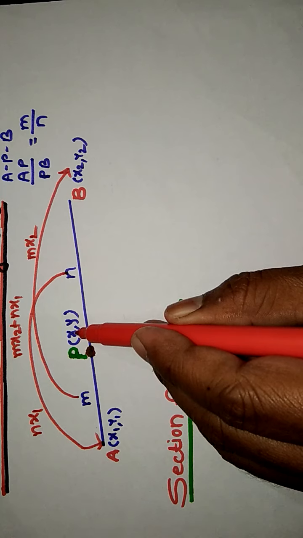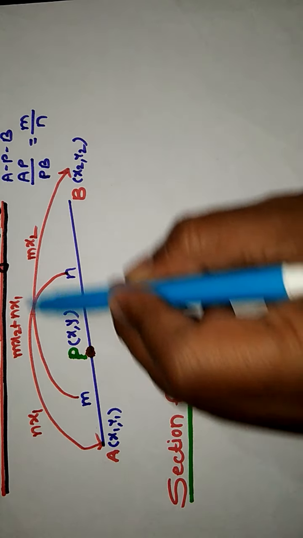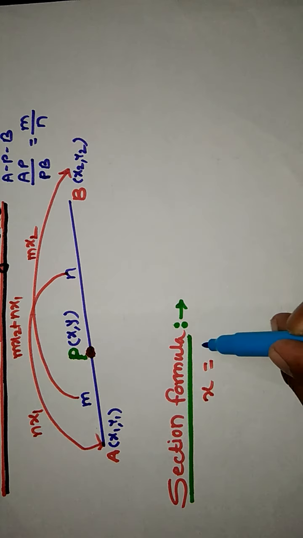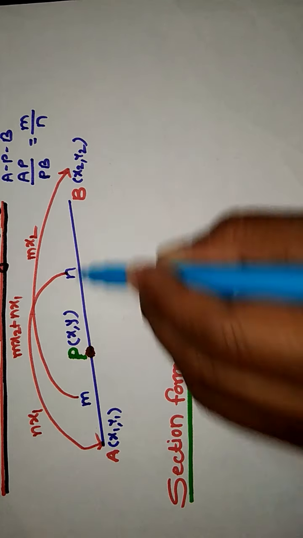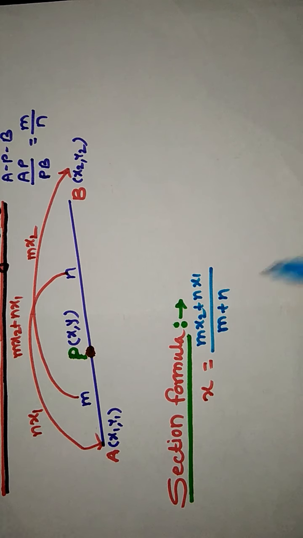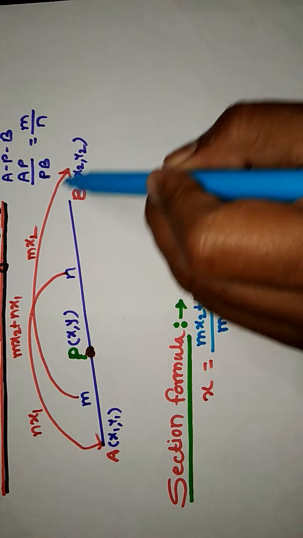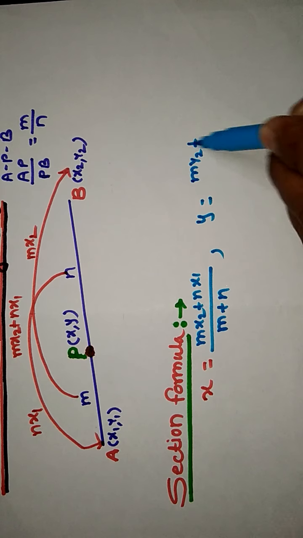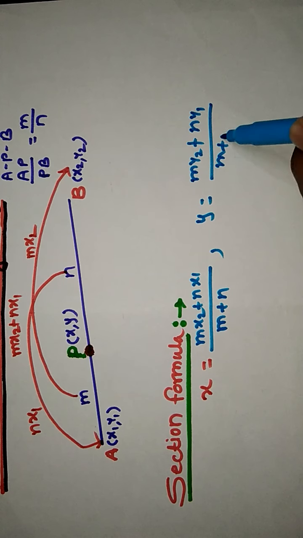This is the x coordinate. See here, how can we find the x coordinate of point P? It is m x2 plus n x1 divided by m plus n, the sum of the ratio m is to n. This is the x coordinate. Similarly, we can find the y coordinate in the same manner: m y2 plus n y1 divided by m plus n.